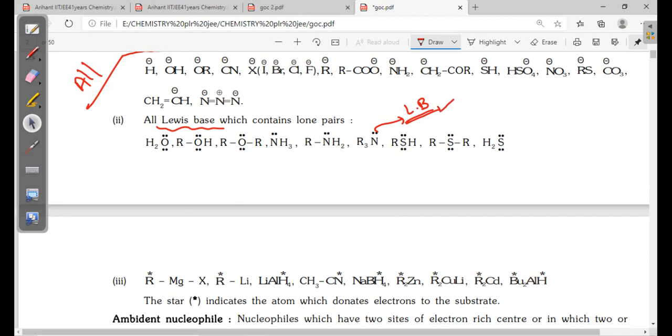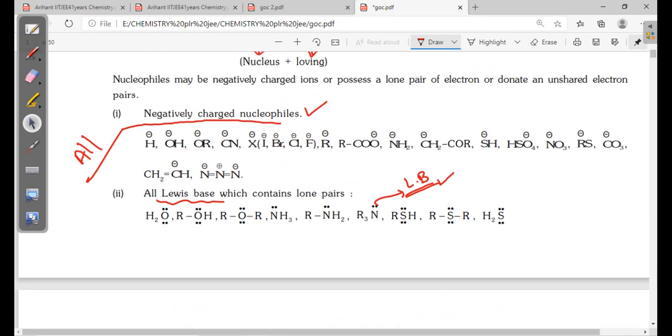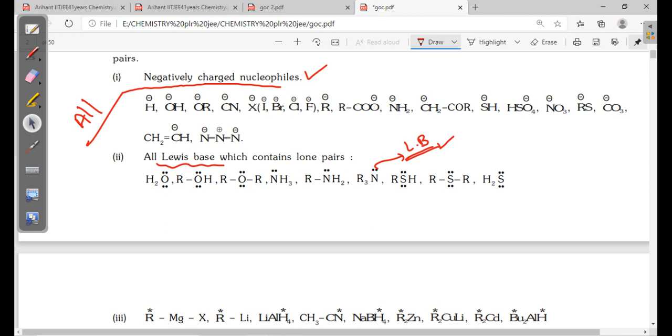The common concept of a nucleophile is electron excess, electron dense particles. Here the electron is not in excess but the particle is electron dense, meaning a lone pair is there or a negative charge is there. In that case, it acts as a nucleophile.